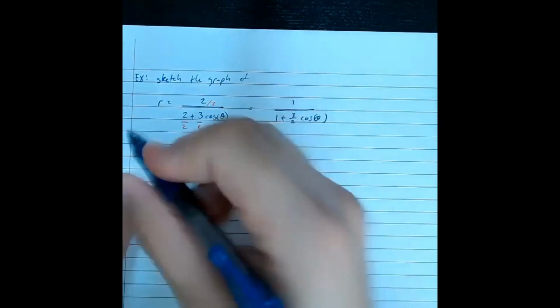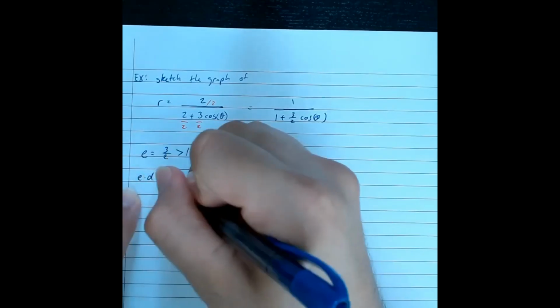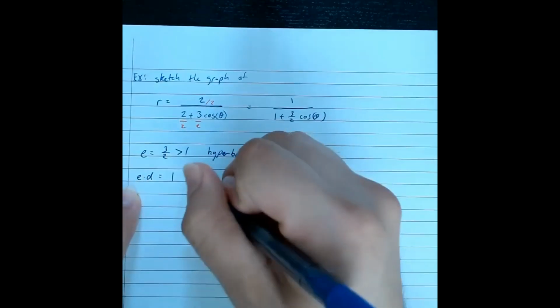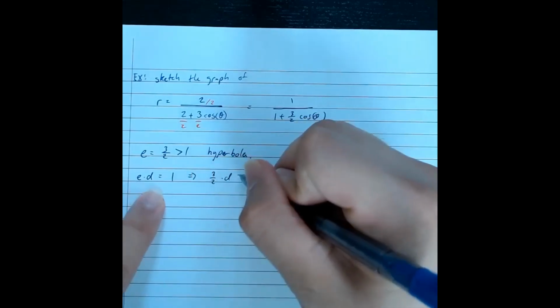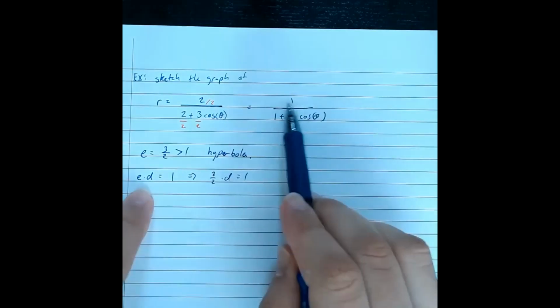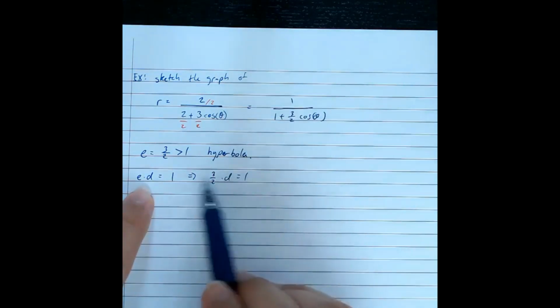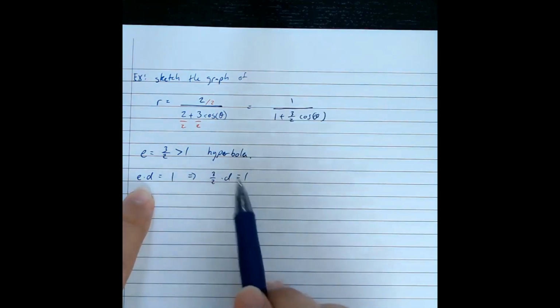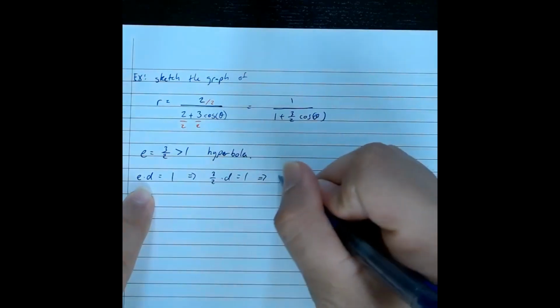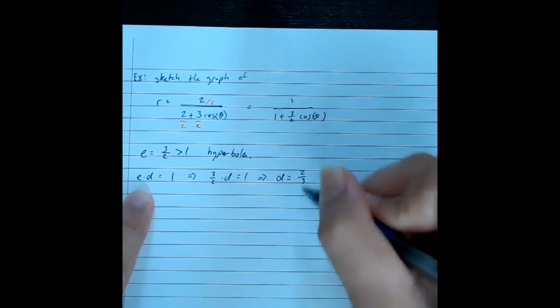Okay. We know that the numerator is e times d, which is equal to 1. Well, then that suggests that 3 halves times d is equal to 1, right? e times d has got to equal 1. But we know e is 3 halves, so 3 halves times d is equal to 1, which suggests d must equal 2/3.